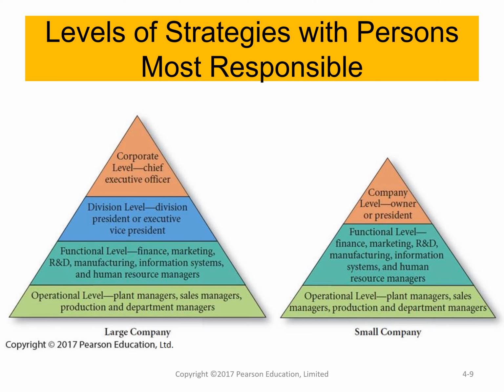For example, at the operational level, the decisions are mainly on operational issues, day-to-day issues, week-to-week issues. At the functional level, you will have decisions across different functions like finance, marketing, R&D.